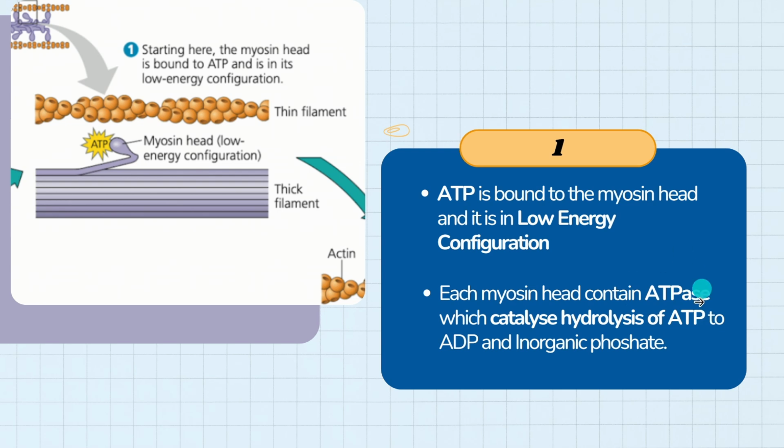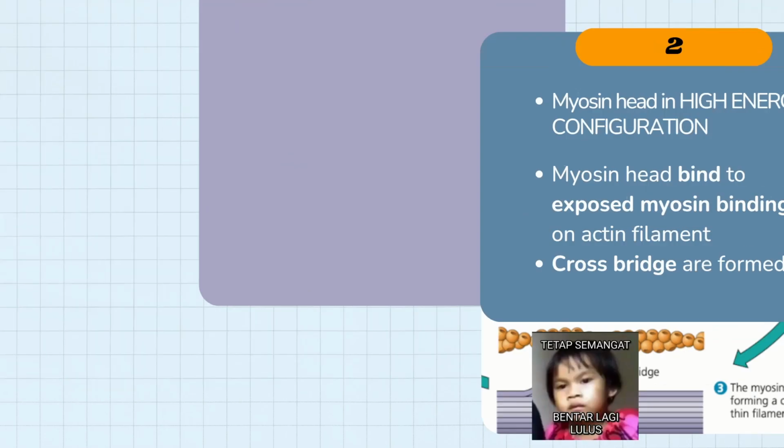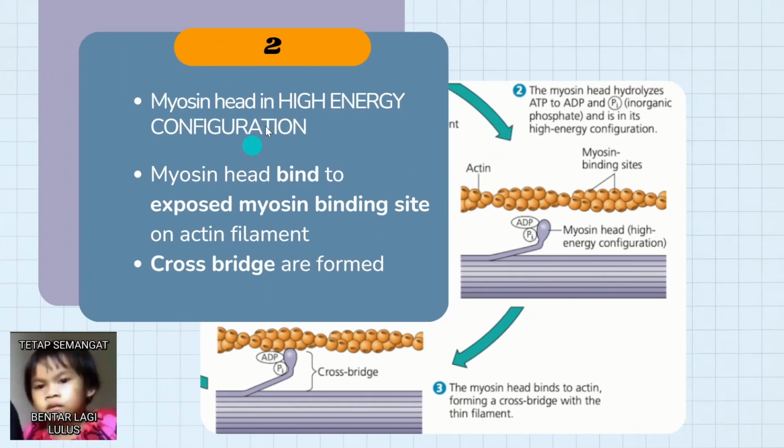Next, each myosin head contains ATPase. ATPase here is the enzyme. As we know, an enzyme always catalyzes a reaction. ATPase catalyzes hydrolysis of ATP to ADP and inorganic phosphate, which is Pi. And the second step, the myosin head in high energy configuration.